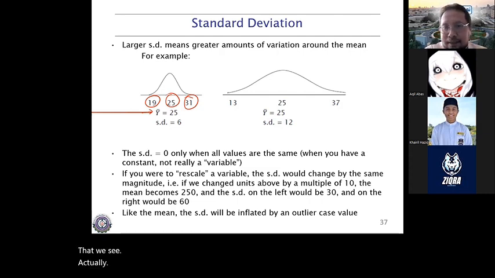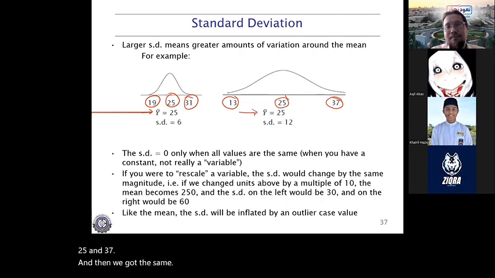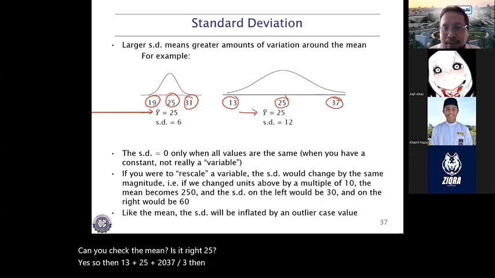the same data. We have 3 data points, 13, 25, and 37, and we got the same mean. Can you check the mean? Is it 25? Yes, it's 25. So 13 plus 25 plus 37 divided by 3 gives 25.